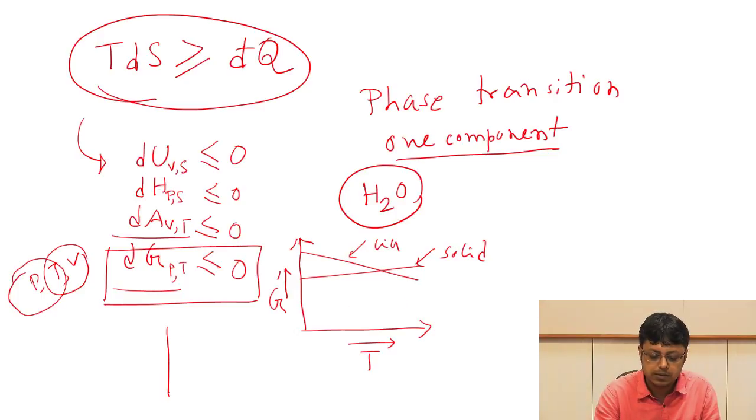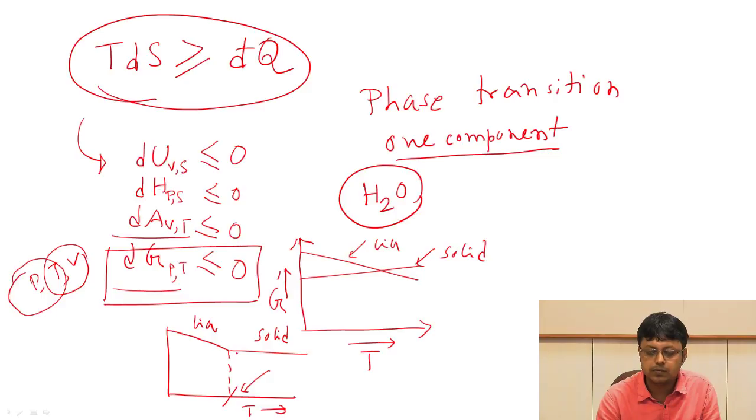So the curve will be something like this. It will first come like this, and then it will change slowly. We'll discuss how to represent this, where this is basically liquid to solid, and this temperature is the freezing temperature, which we call TF.